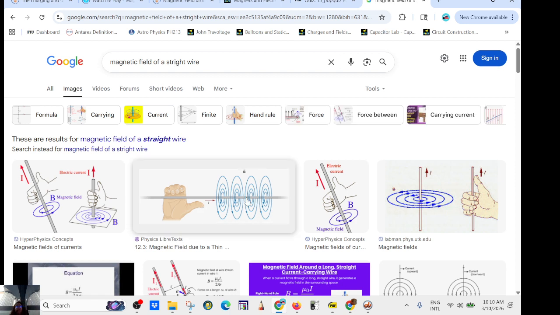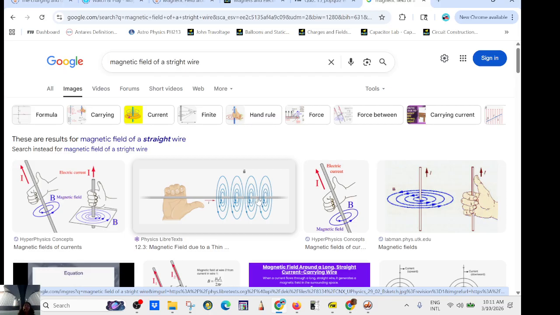You have to imagine this, right? So it's really circling all around. That will be the magnetic field produced by a straight wire. We call that a current carrying wire, circling around.